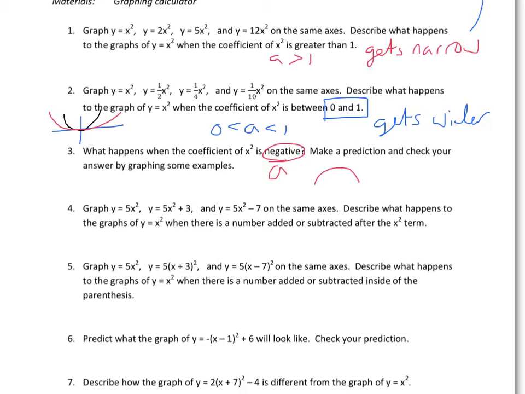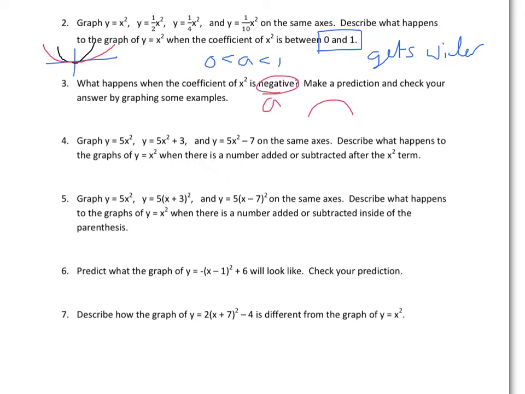Now if we discuss something more interesting, here we have 5x squared, then 5x squared plus 3, 5x squared minus 7 on the same set of axes. What happens to the graph y equals x squared when a number is added or subtracted after, that's a key piece here, after the x squared term?